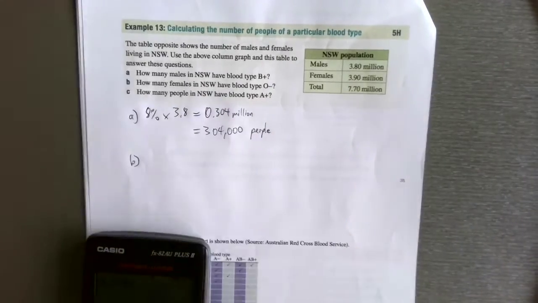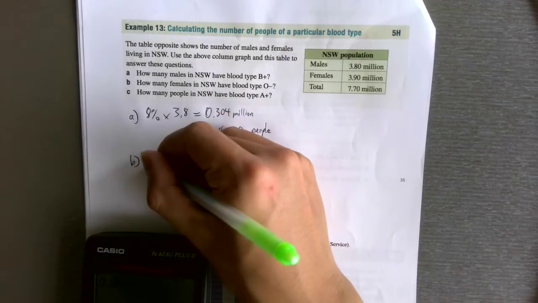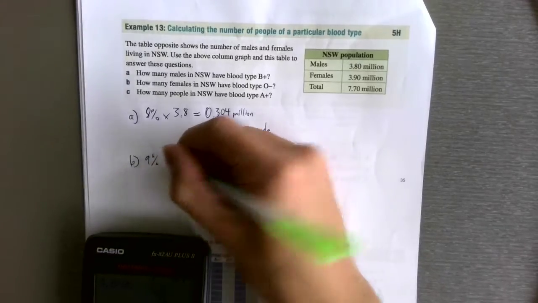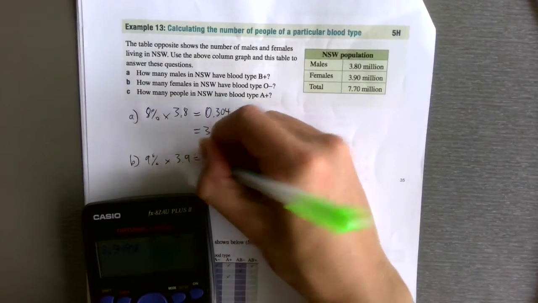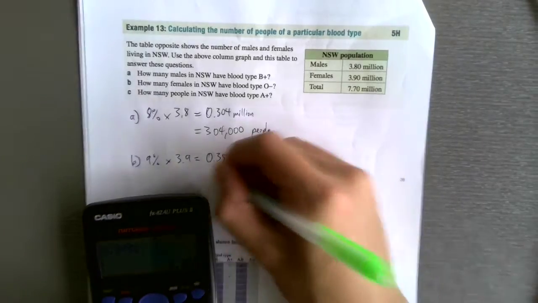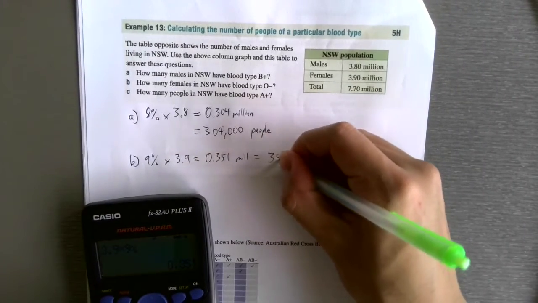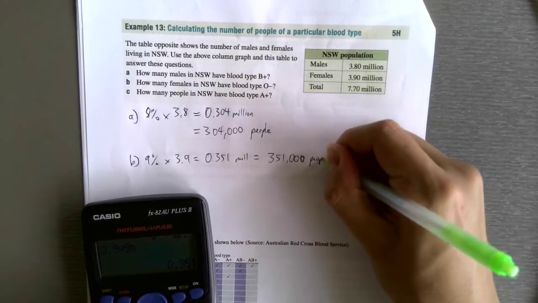On the flip side, we are looking at how many females in New South Wales have the blood type O negative. In the data on the previous page, it says 9%, times 3.9 million people, and that's going to give us 0.351 million, which is the same as 351,000 people.